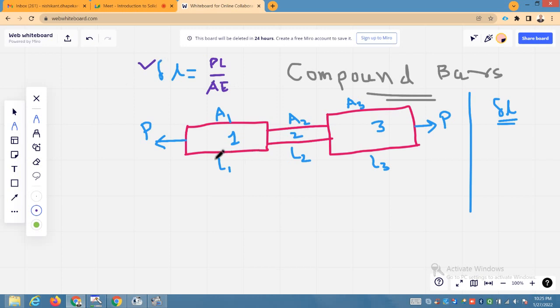So for first section, if you will try to calculate delta L1 for this compound section, what will be delta L1?